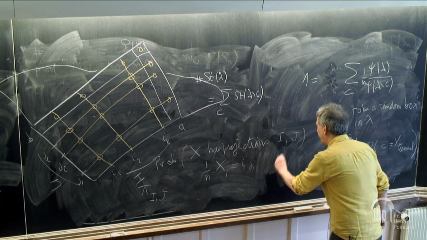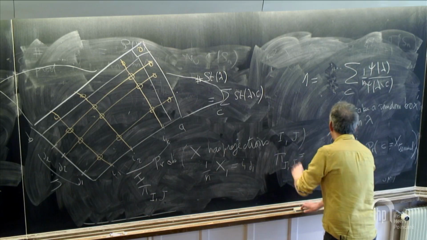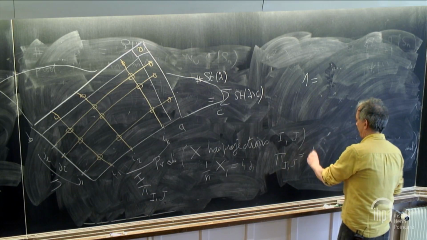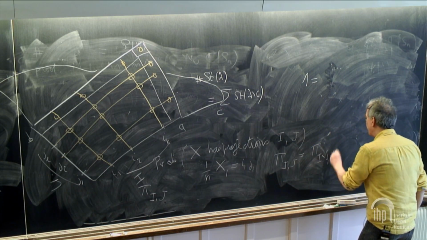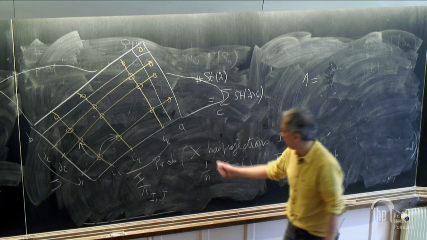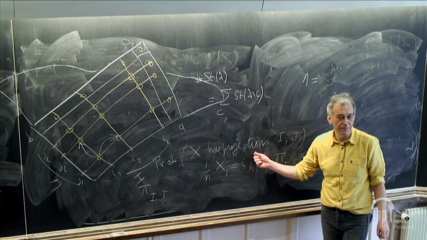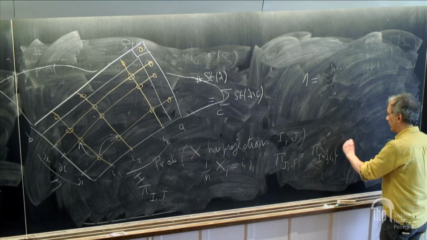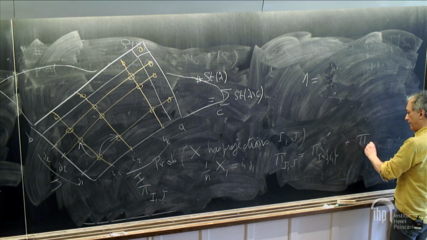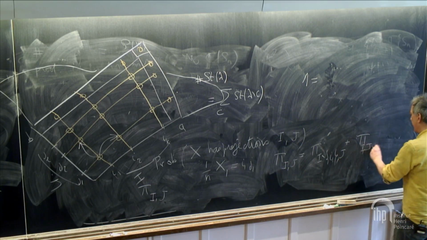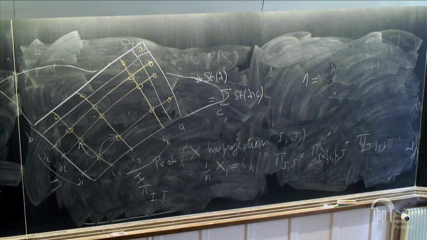So for this, I will prove that pi ij is equal to a sum of two terms: my first step will be either this one or this one, if really my projections are these sets. So I have to prove that this is equal to this plus this, with I and J minus j1, and I have to adapt.